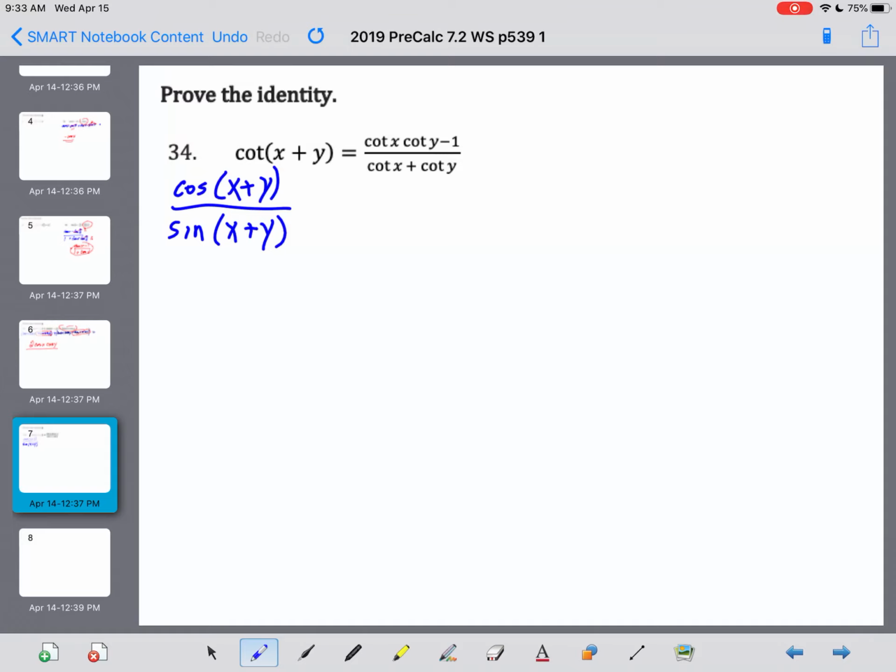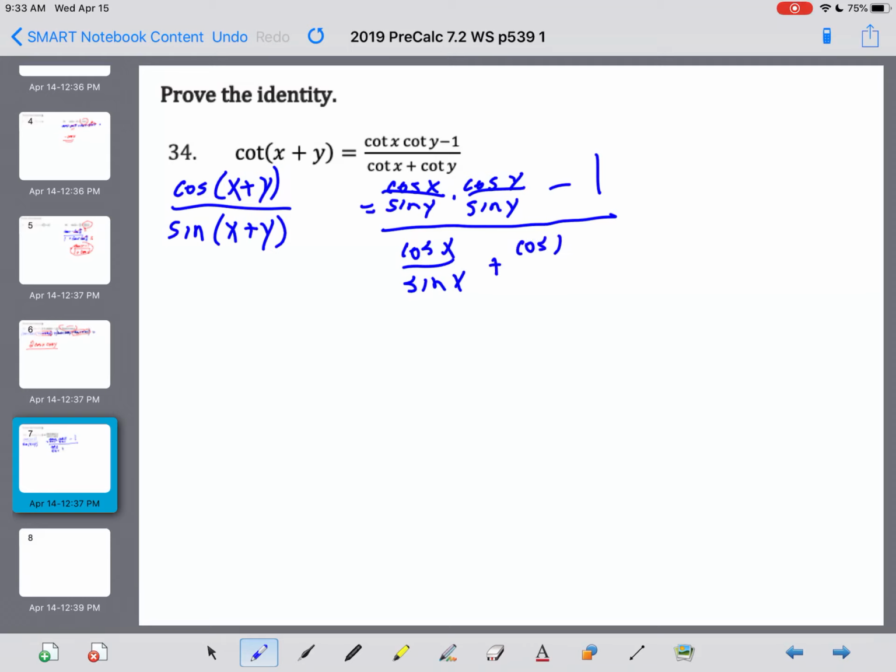And then over here on the other side, I'm going to convert this all into cosines and sines. So this is cosine x over sine x, times cosine y over sine y, minus 1, all over cosine x over sine x plus cosine y over sine y. So a lot of room you have there. You might need most of it.